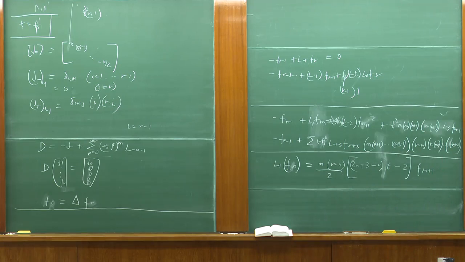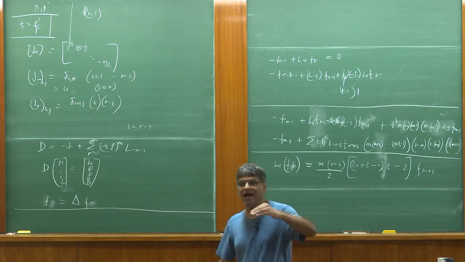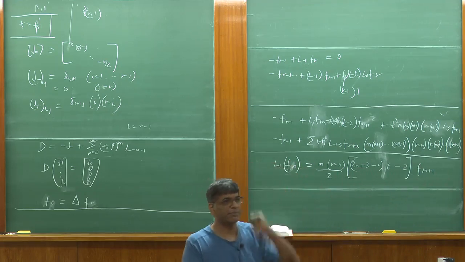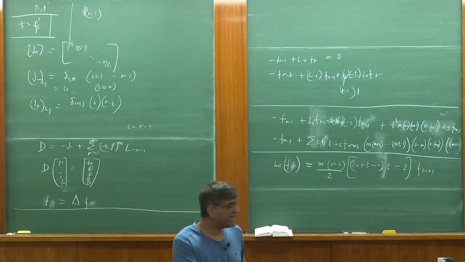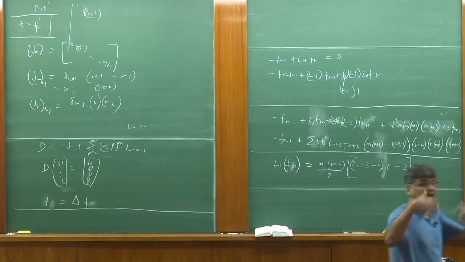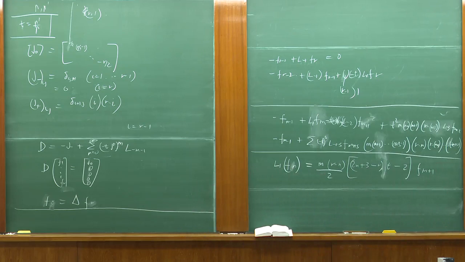So if you think of Fr as the primary, Fm is a level r minus m descendant of the primary. We act on it with L1, and we'll get one lower level descendant of the primary.